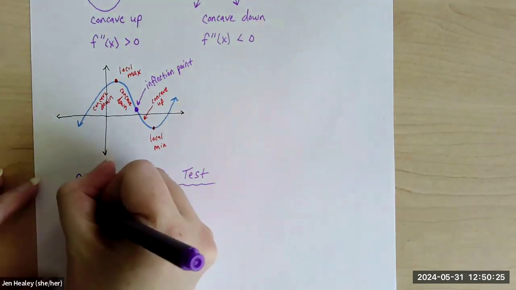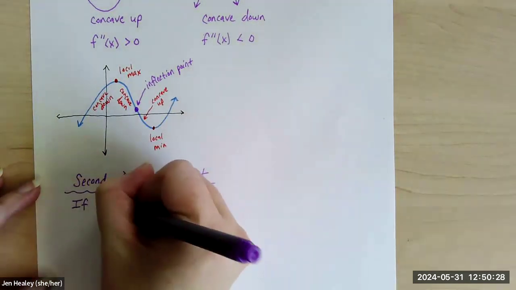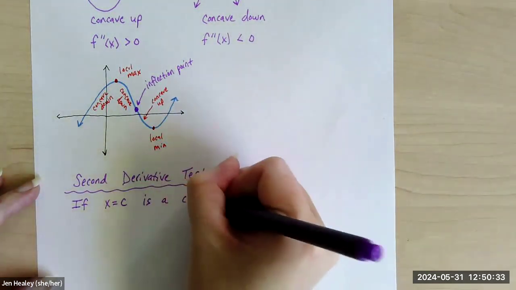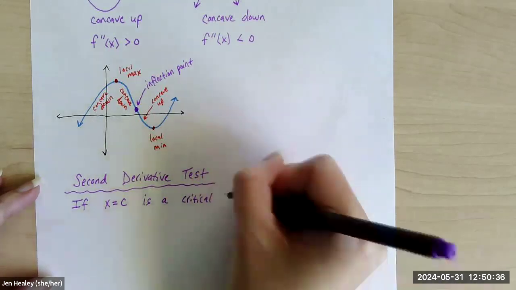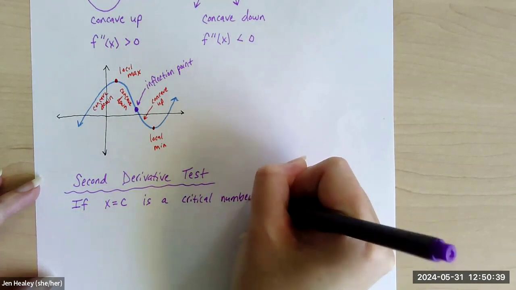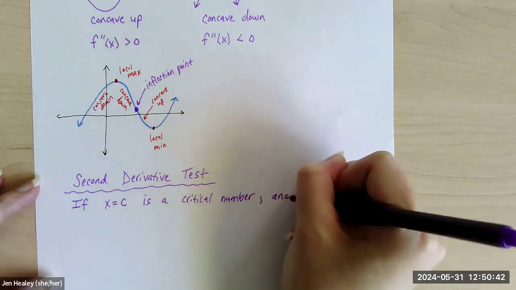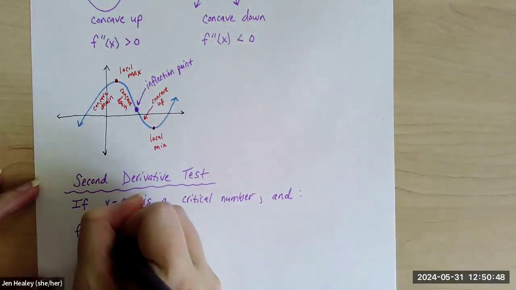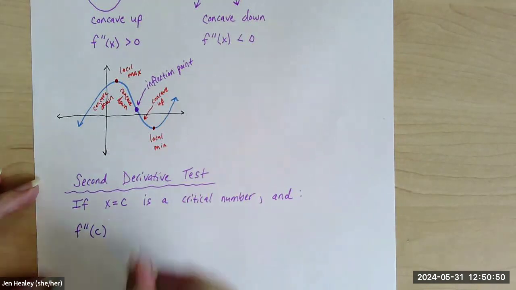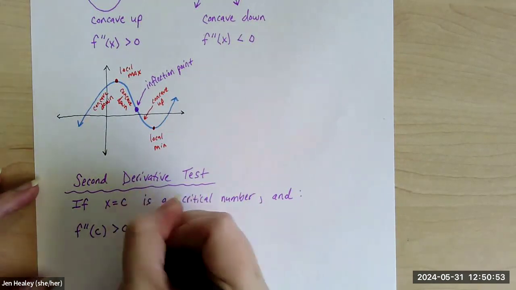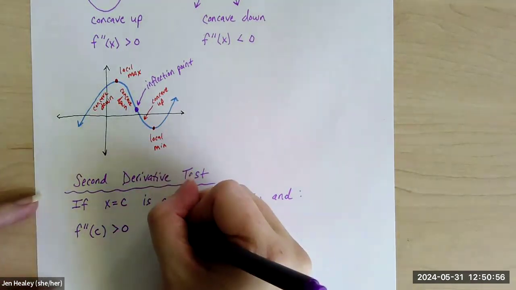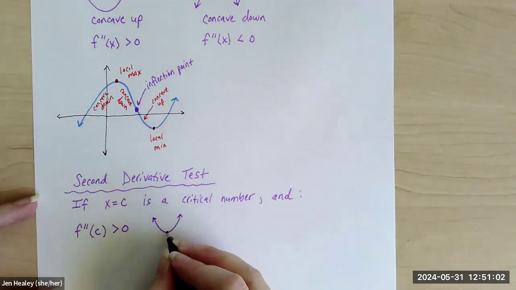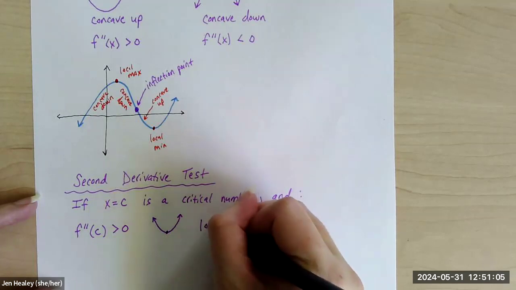So the second derivative test says if x is equal to c is a critical number, and f double prime evaluated at c is greater than 0, then what that means is we have something that's concave up at that point, which would make this a local minimum.